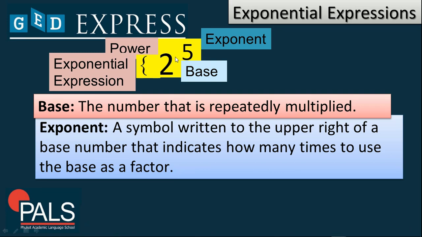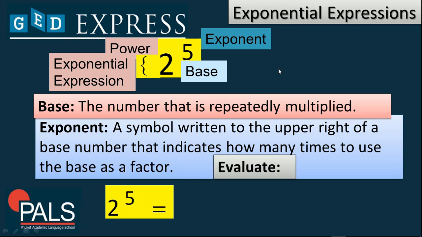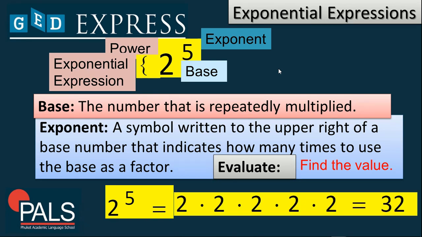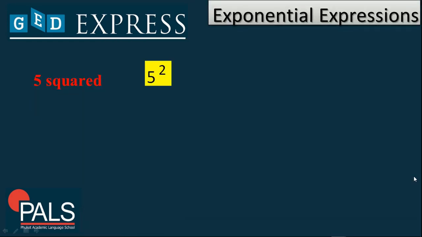Suppose in this case, we need to multiply 2 five times. Now, for example, we evaluate 2 raised to 5. That will give you 2 times 2 times 2 times 2 times 2, which is equal to 32. Now, for example, we have 5 to the 2, which is read as 5 squared.